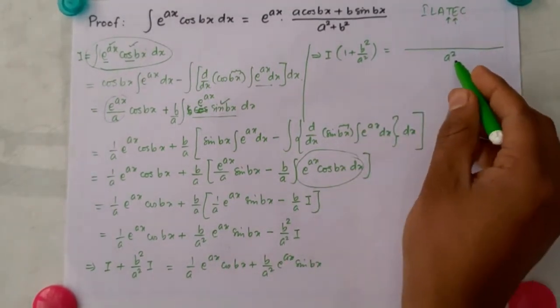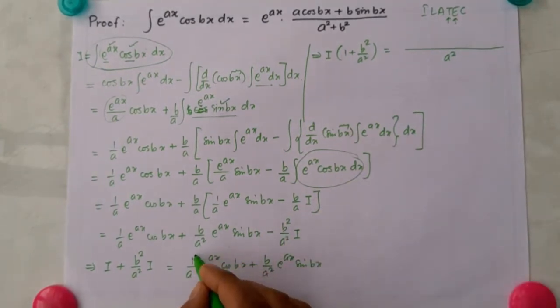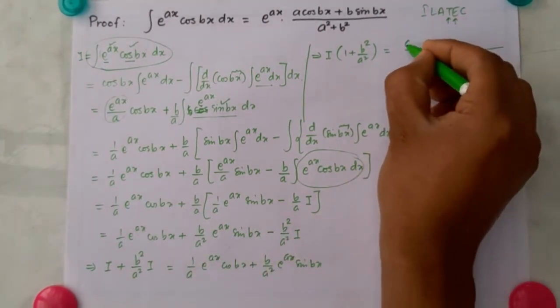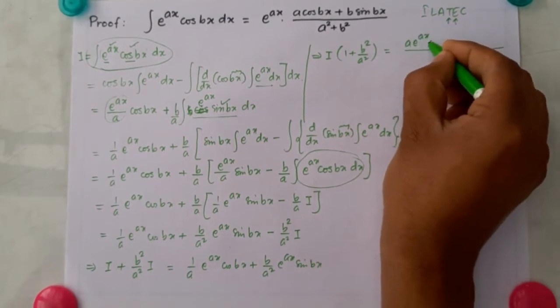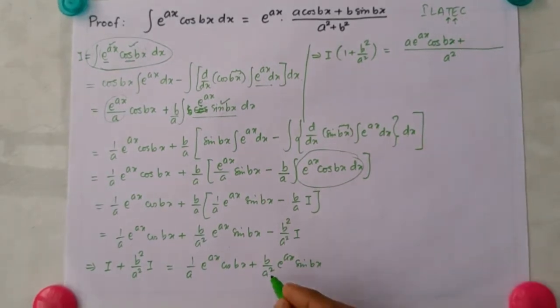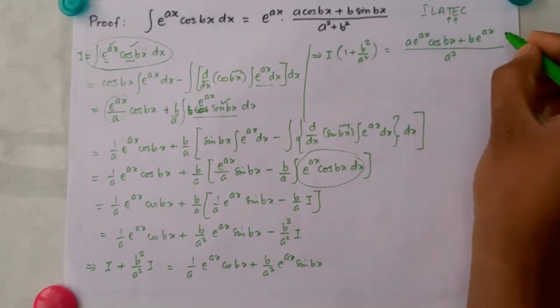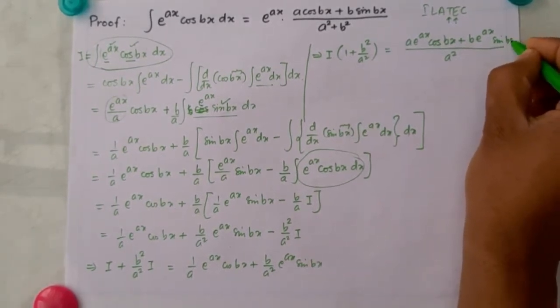If a square is the LCM, divide this LCM by a, you'll get exactly a. So a into this whole thing becomes a e to the power ax cos bx plus, now what is this? This is b. Okay, so divide this a square by a square, you'll get 1. So 1 into this entire thing becomes b e to the power ax sine bx, isn't it?